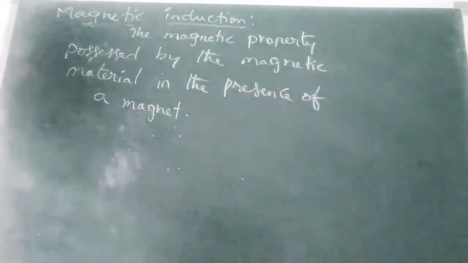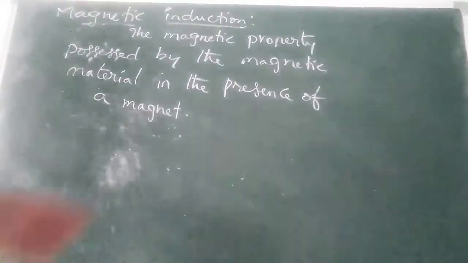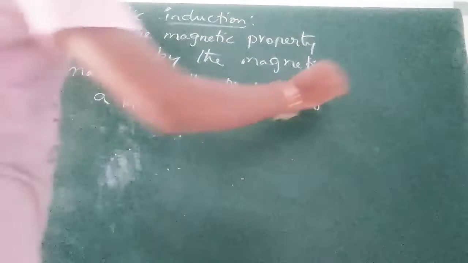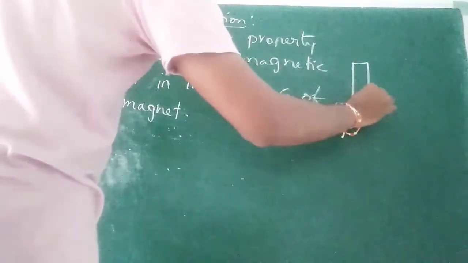So once read this: the magnetic property possessed by the magnetic material in the presence of a magnet.